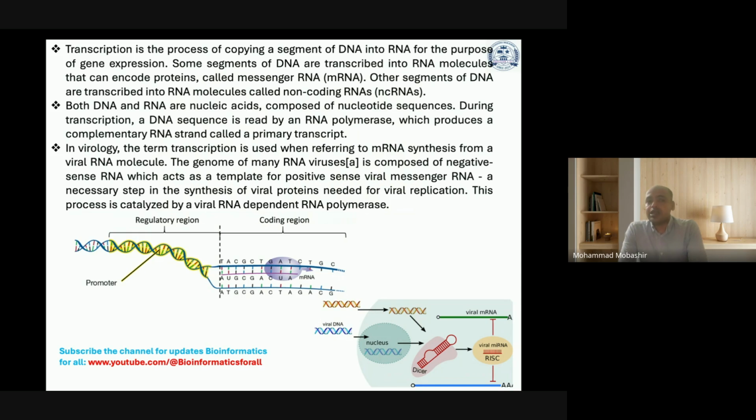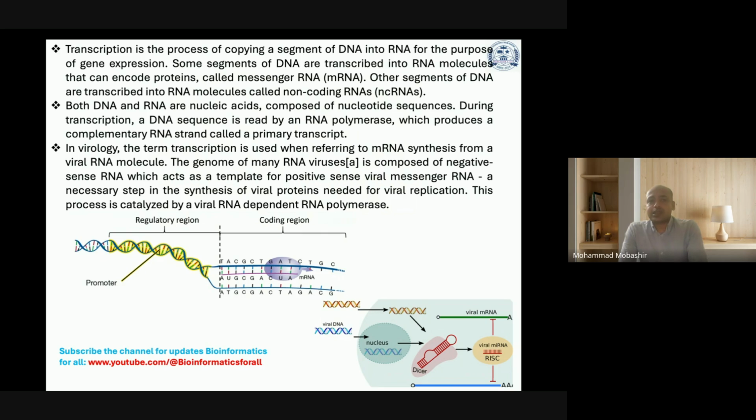In virology, the term transcription is used when referring to mRNA synthesis from a viral RNA molecule. The genome of many RNA viruses is composed of negative sense RNA, which acts as template for positive sense viral messenger RNA, a necessary step in the synthesis of viral proteins needed for viral replication.